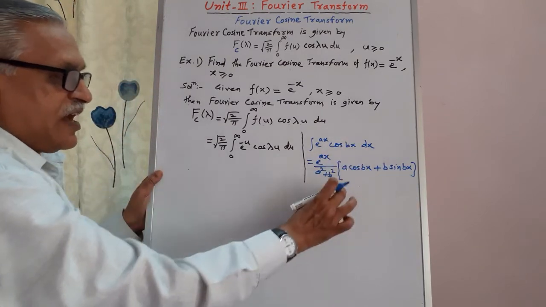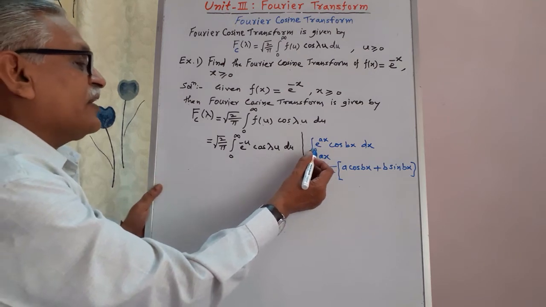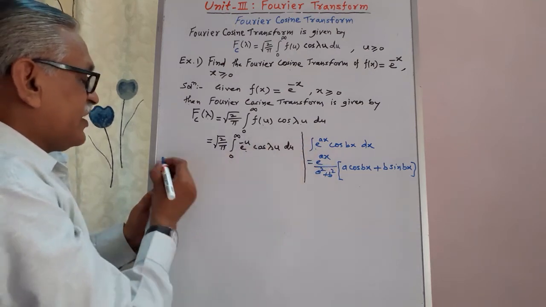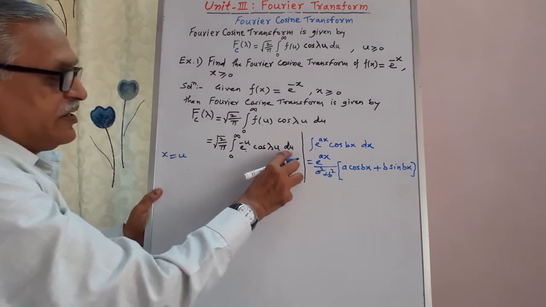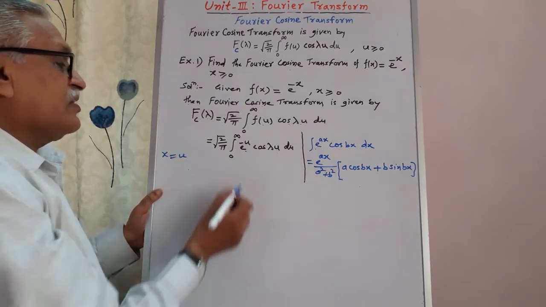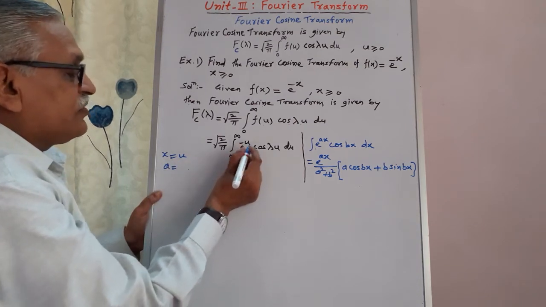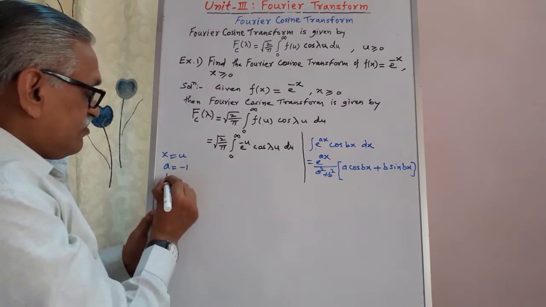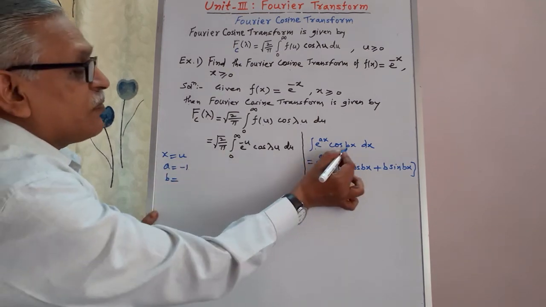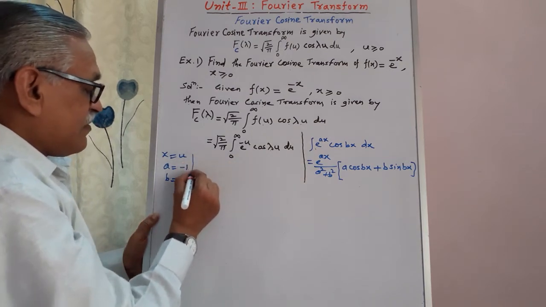We have to apply the standard result for integration. Comparing these two results, we get x is equal to u, integration with respect to u, e raised to x, the coefficient of u in this term is minus 1, and in b cos of bx the coefficient of u is lambda.